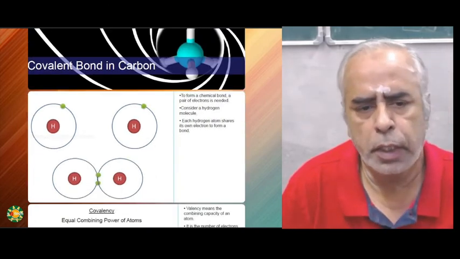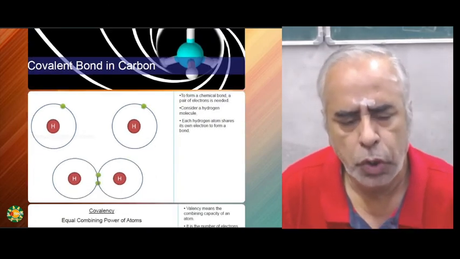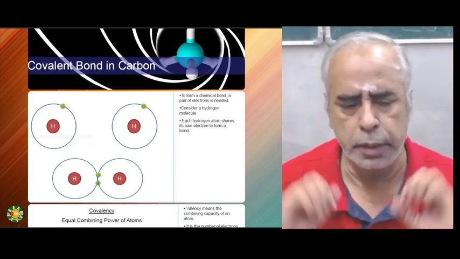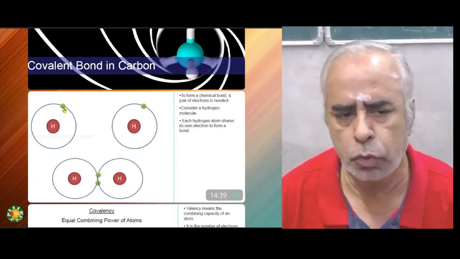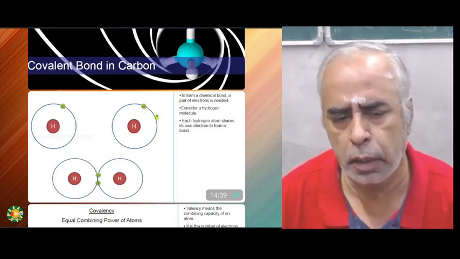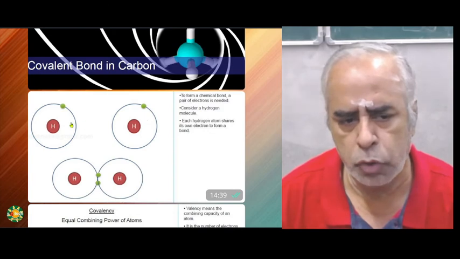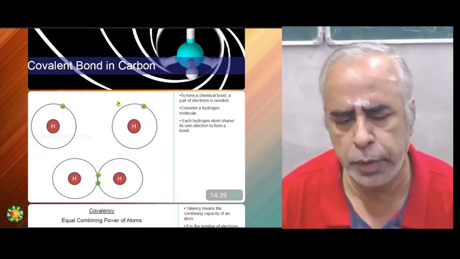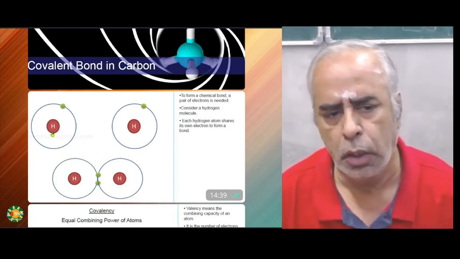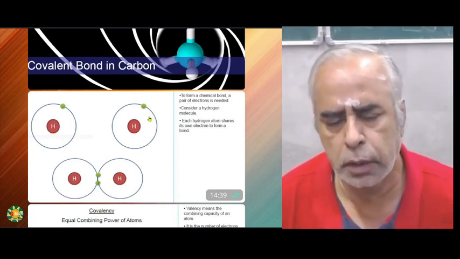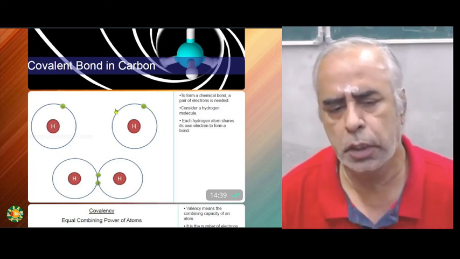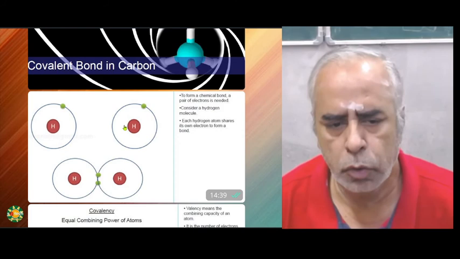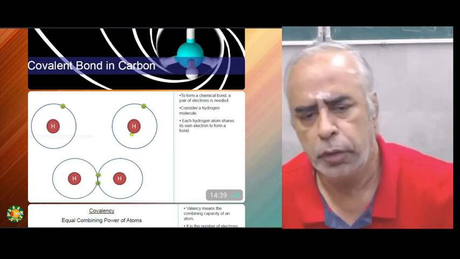For example, let me consider hydrogen here. You have one hydrogen and another hydrogen. Hydrogen has one electron, another hydrogen, another electron. Now, when they come together, there will be some common overlap, because these electrons are revolving around the hydrogen nucleus, and in another hydrogen atom, its own electron is revolving around the nucleus.